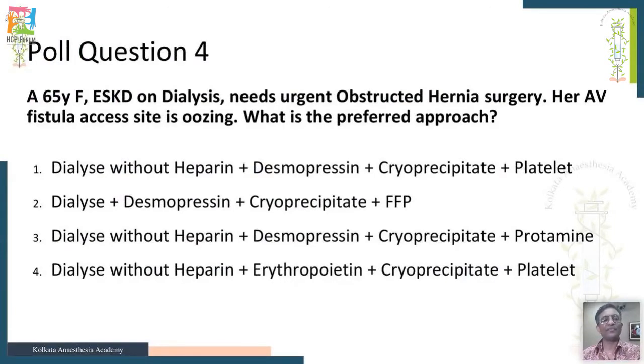Okay. A 65-year-old female, end-stage kidney disease on dialysis, needs urgent obstructive hernia surgery. So it's urgent. So you have to get in within the next 6 to 12 hours. On examination, you find that her AV fistula access site is oozing.